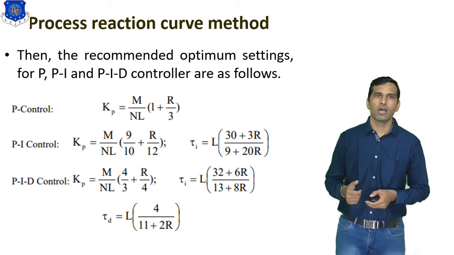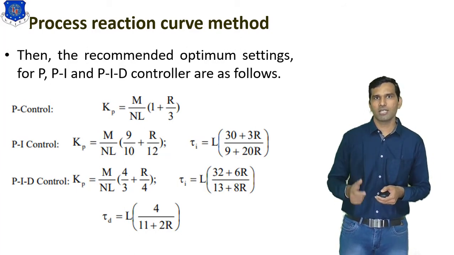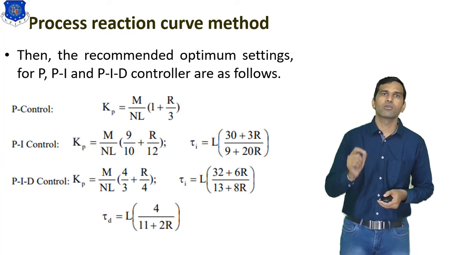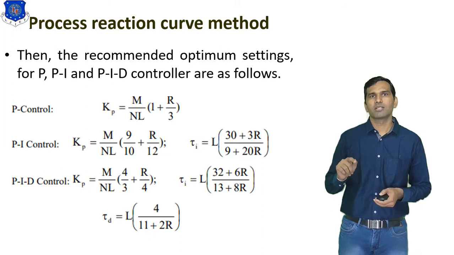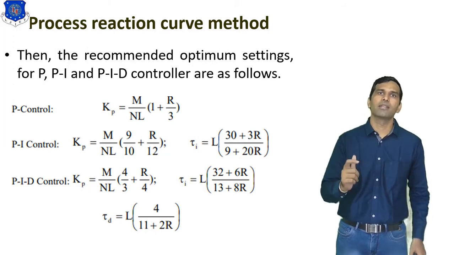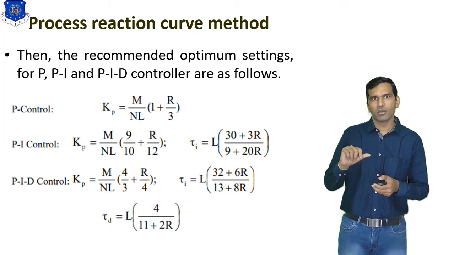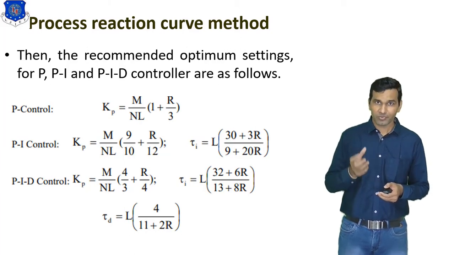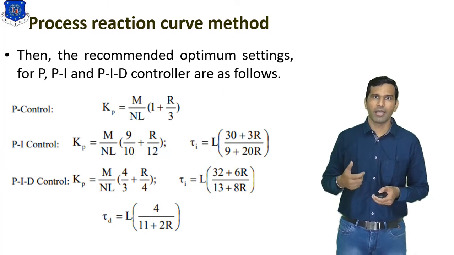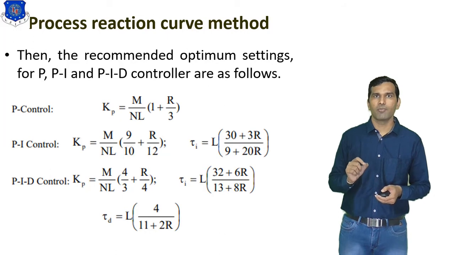For the proportional controller, the Kp value we can find by using this equation: Kp = M/(NL) × (1 + R/3). So we get the value of Kp for the proportional controller. So here we achieve our aim, that means we get the value of gain Kp.